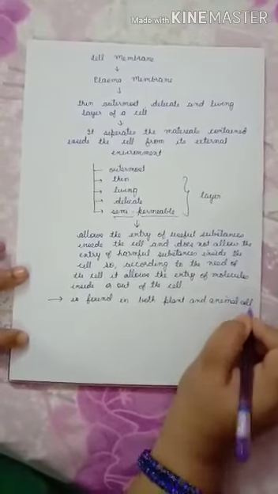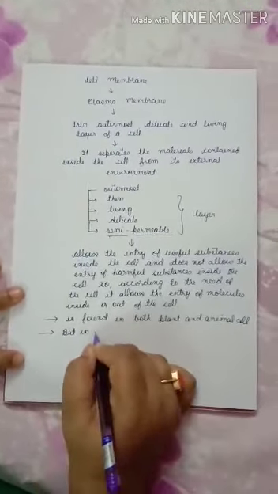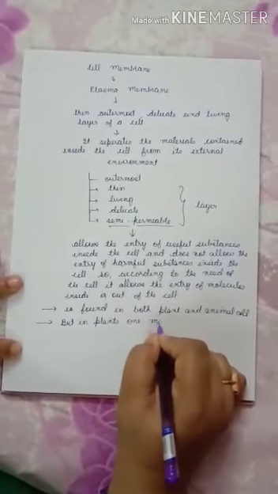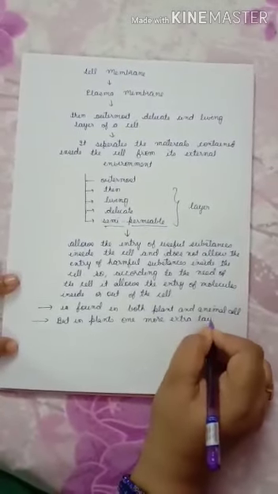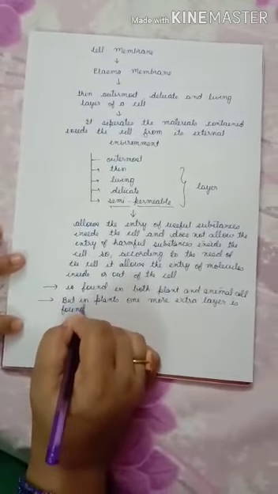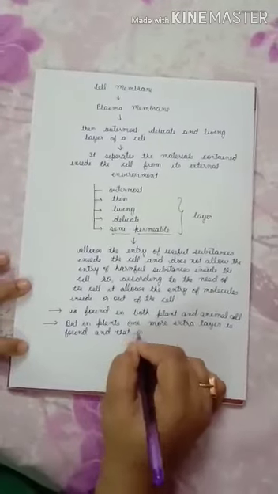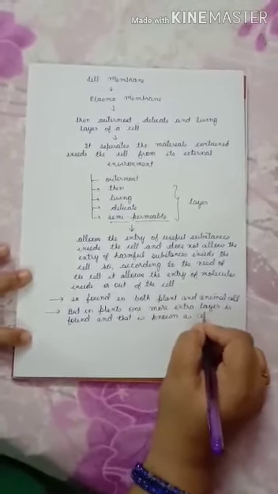But in plants, one more extra layer is found, and that is known as cell wall.